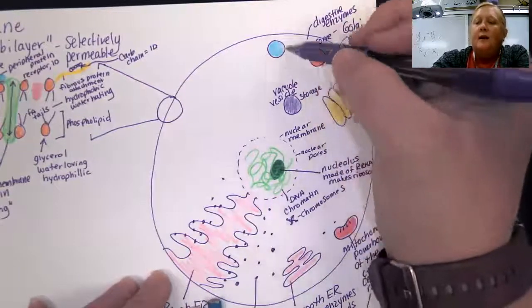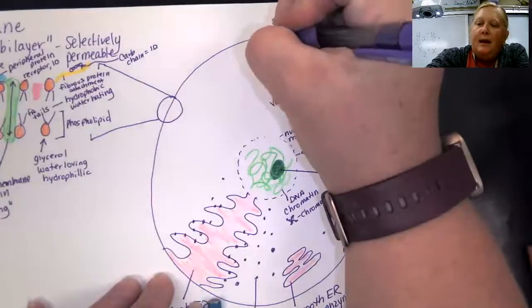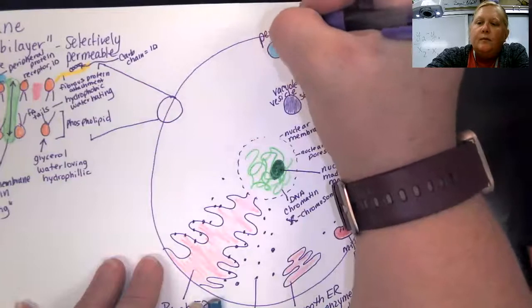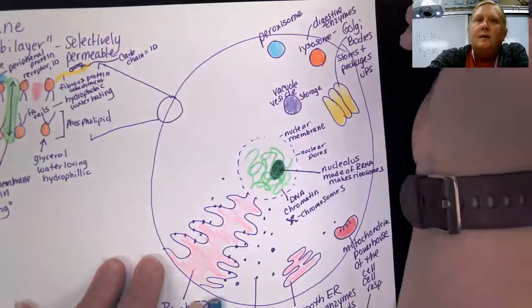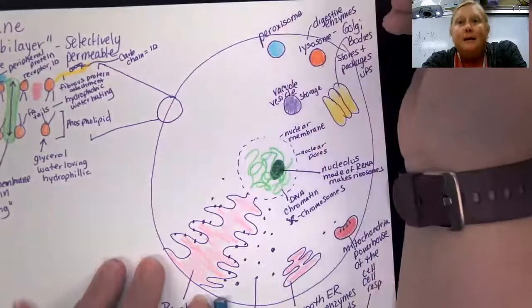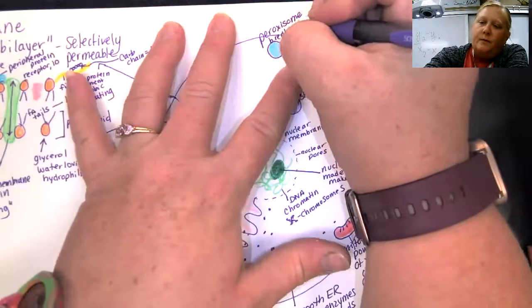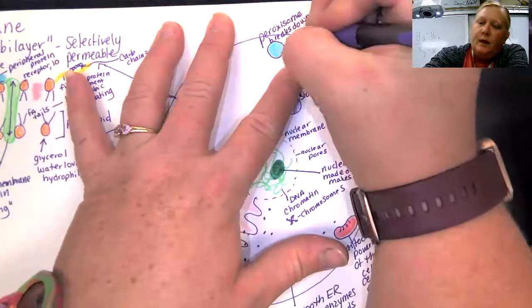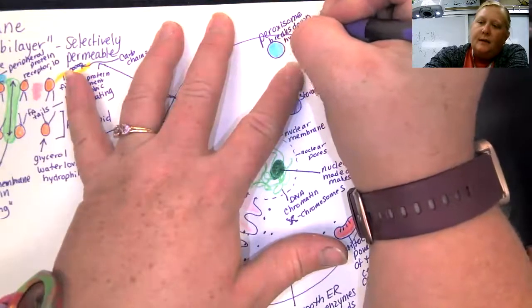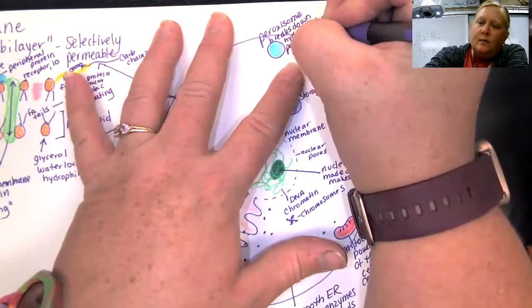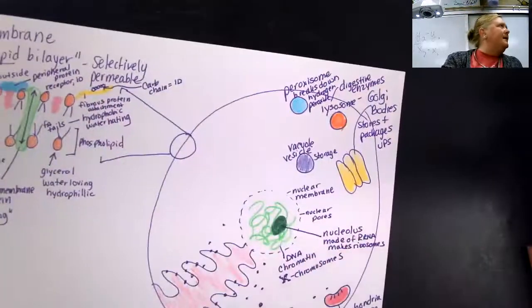Something else that is very similar to this would be a peroxisome. Now, a peroxisome sounds like peroxide, as in hydrogen peroxide. So this actually breaks down hydrogen peroxide. Now, you might say hydrogen peroxide, well, that's good for the cell, right?